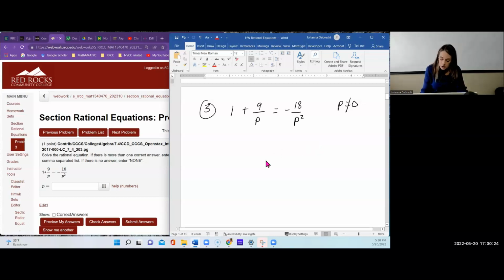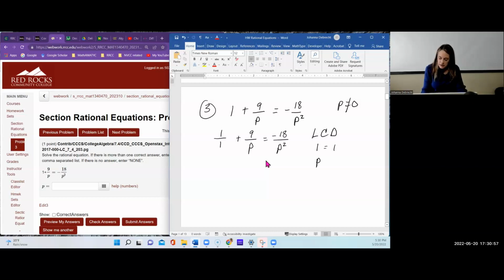Now we build the lowest common denominator. My little denominator of the 1 isn't written, but it could be. I could rewrite the 1 as 1 over 1. Remember that any term that does not have a denominator can be made into a fraction by dividing it by 1. 1 is one of my denominators, but 1 doesn't generally affect the lowest common denominator unless it's the only thing there, in which case, why are you looking for the lowest common denominator?